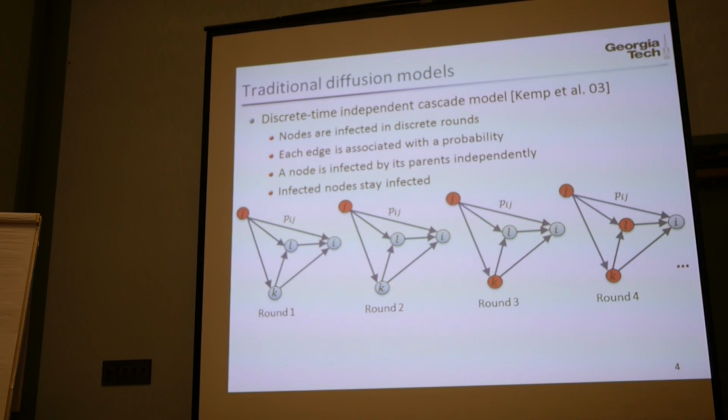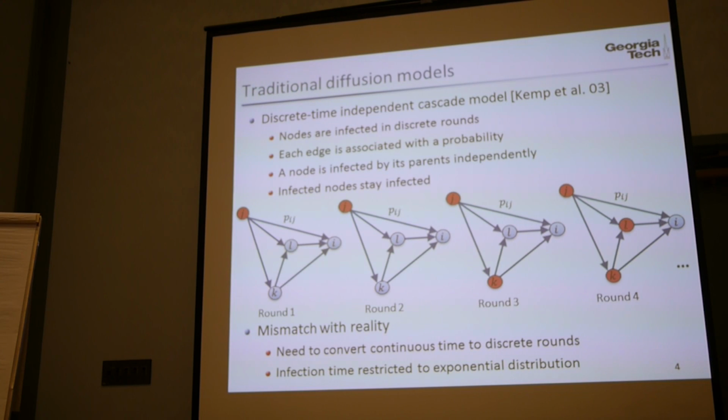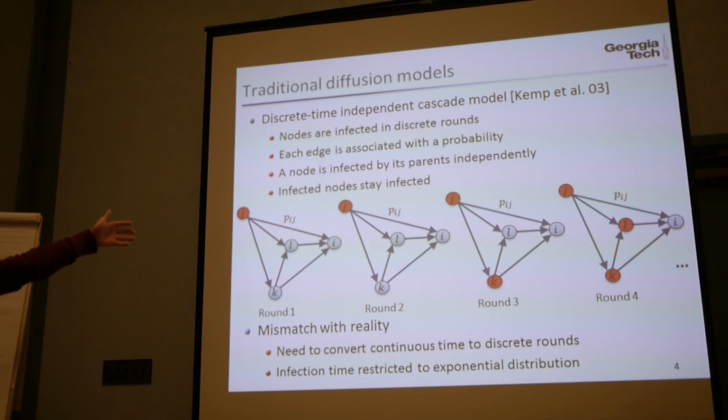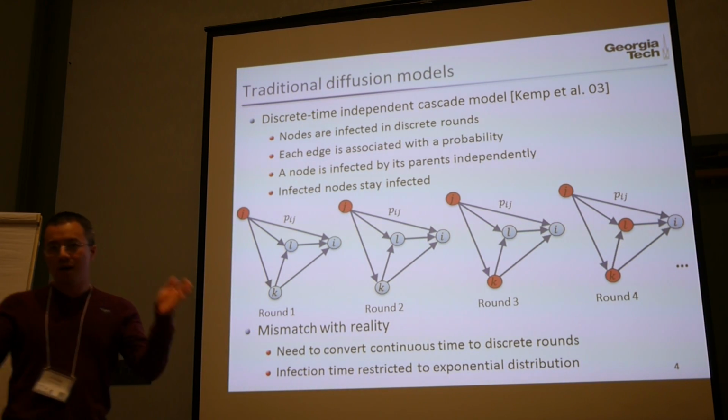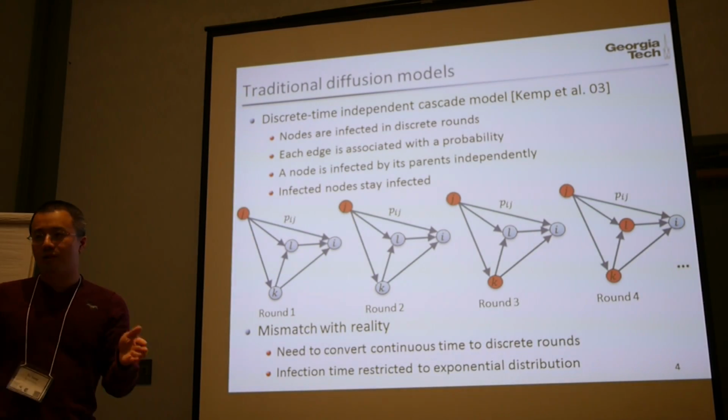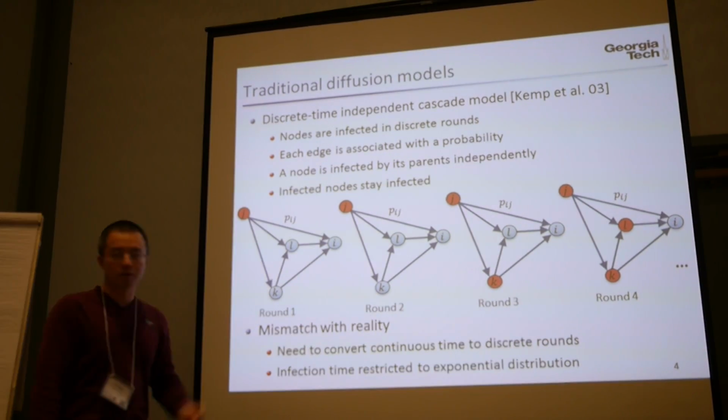But this diffusion model has some mismatch with reality. First, in reality, the information spread is actually in continuous time. In order to fit such a discrete-time diffusion model to your data, you have to first discretize your time domain and turn it into rounds. Then there will be a question of how large the time window is that you use to discretize your time domain.